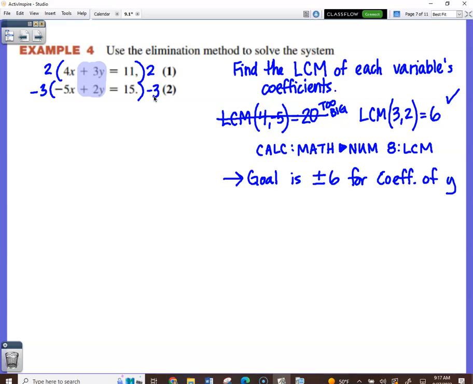And now I'm going to do this in a manner that they're already stacked, so that way I can just go straight to where we did in the last problem. So I'm labeling my equations. Equation 1, you're multiplying everything by 2. It's going to be 8x plus 6y equals 22.